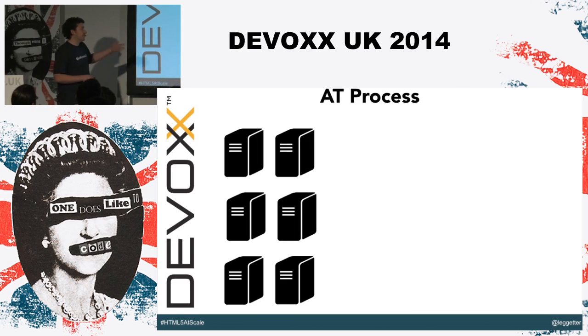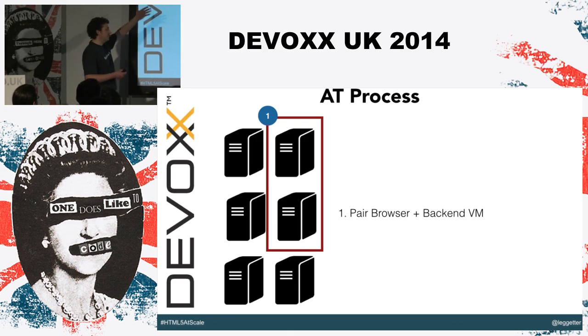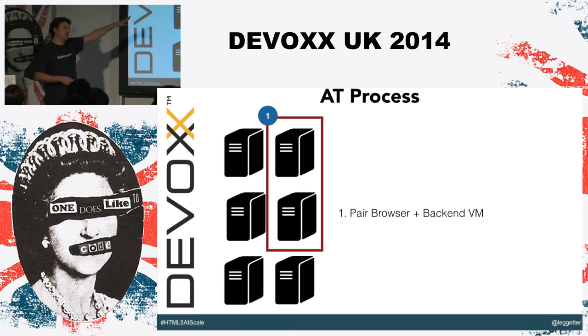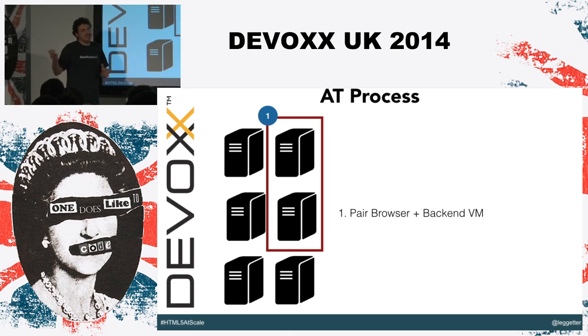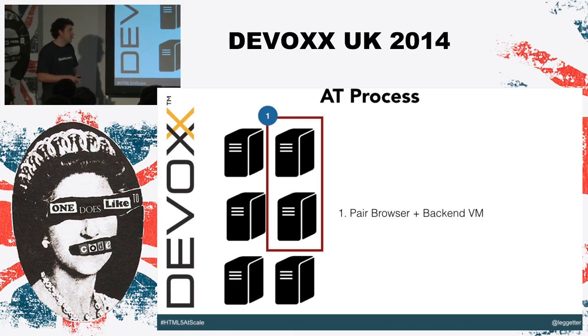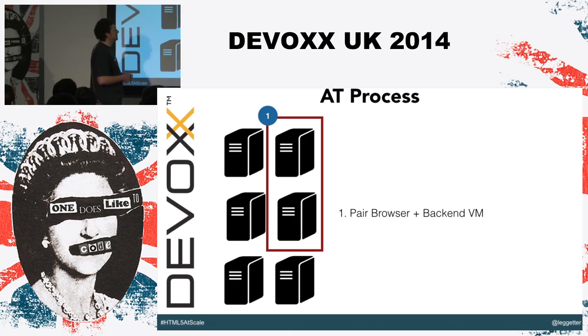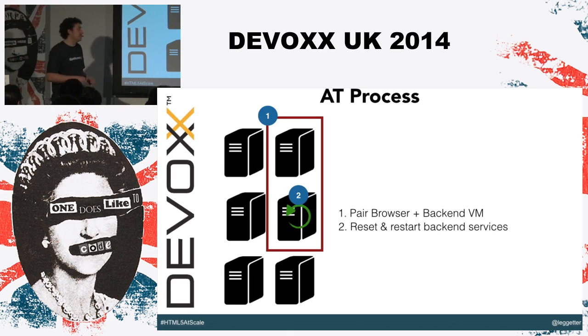Now, this is the process we went through. We would pair up our browsers. So we would pair up two VMs, one which would offer browsers, one which would offer back-end VMs. Now, the point here is that your back end sometimes needs to behave in certain scenarios to test edge cases. For instance, a service is down, or when a certain value is sent, it needs to be set up in order to behave in a certain way. So we'd pair these two VMs up. We'd obviously reset things to make sure that there's no state transferred from another test.